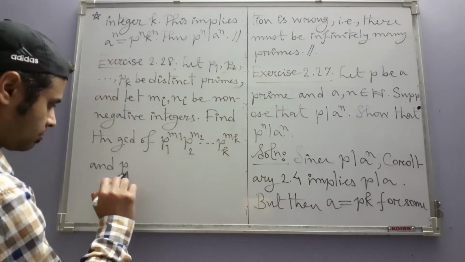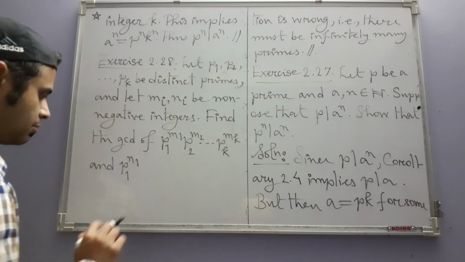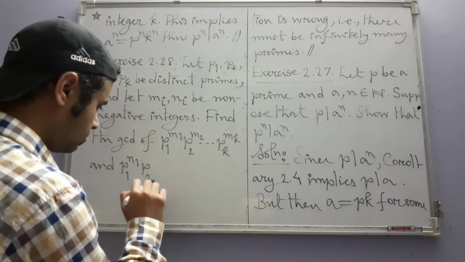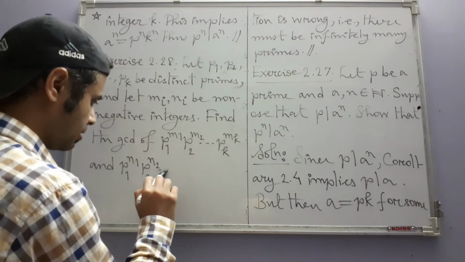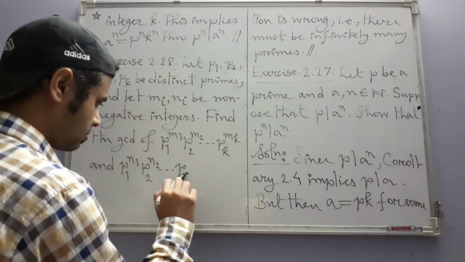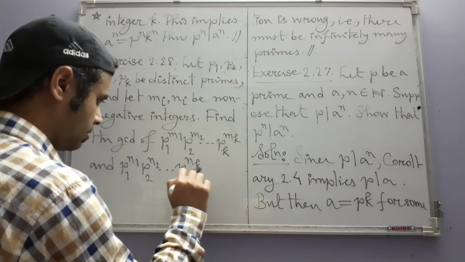The integers are p1 to the power n1, p2 to the power n2, up to pk to the power nk.